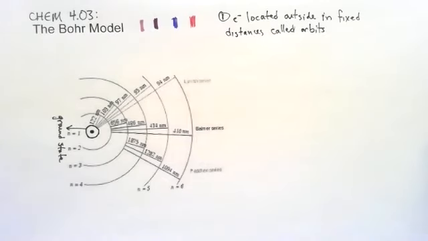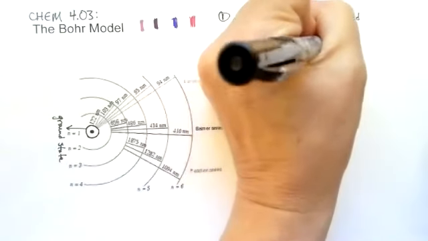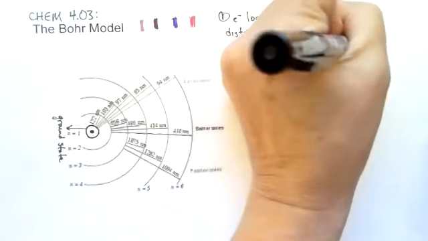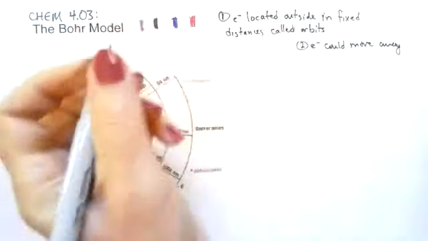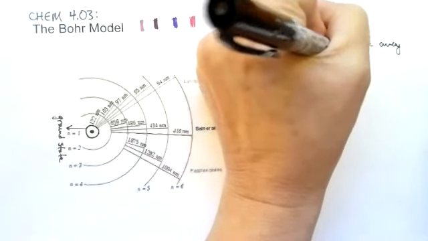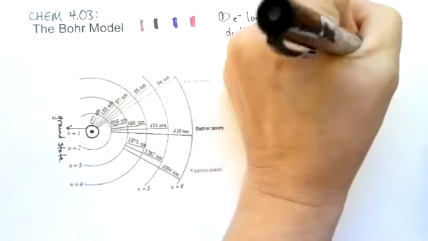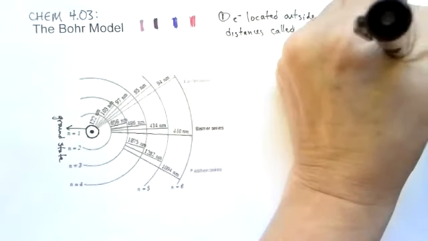The second thing that he said was that the electrons could move away from the ground state with the input of energy.